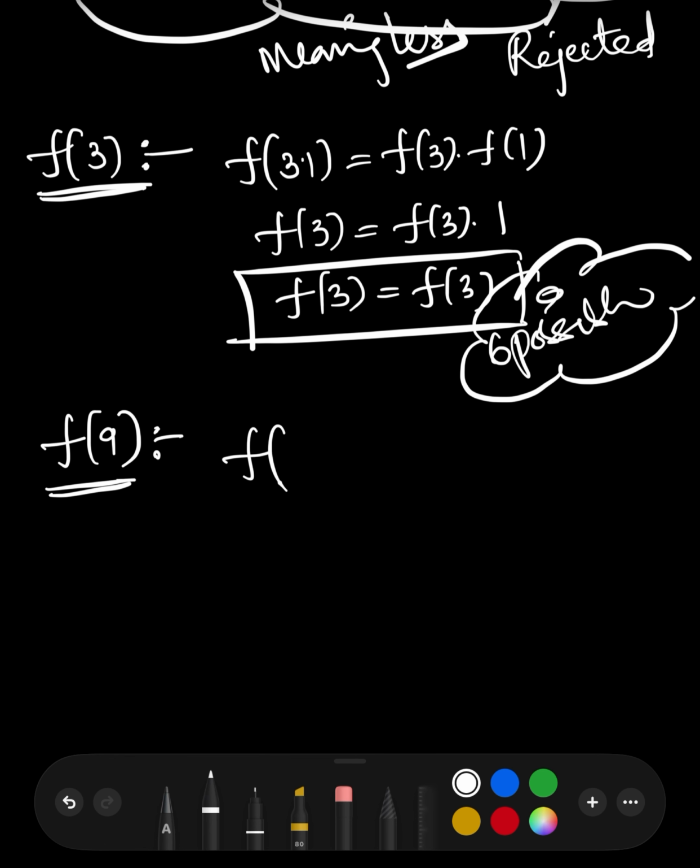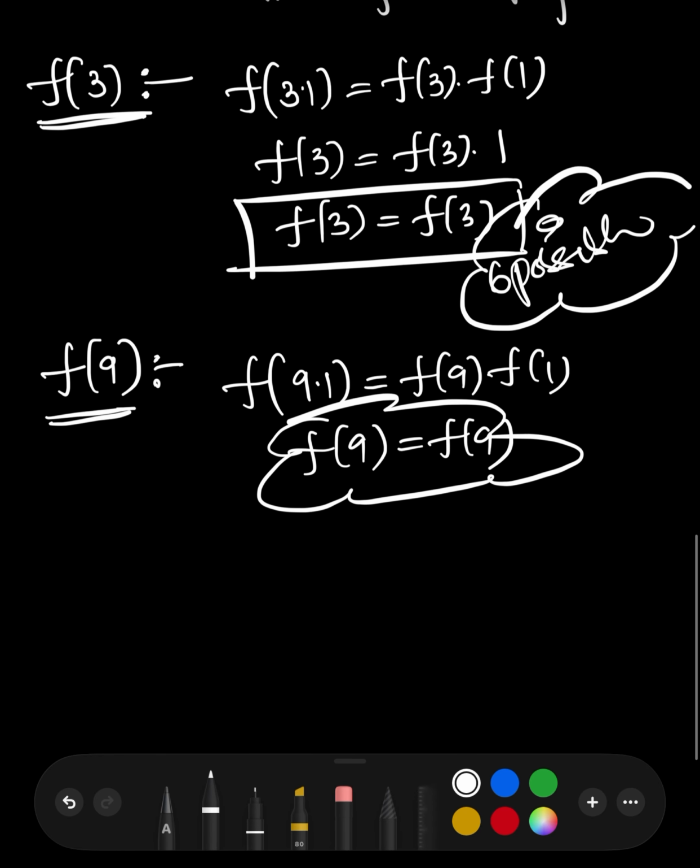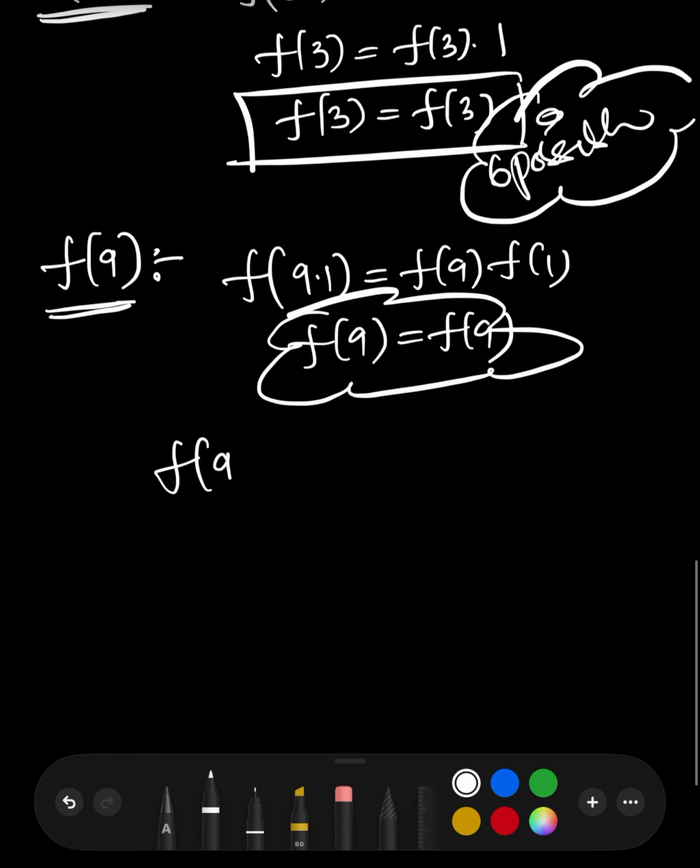Now f of 9: in the case of f of 9 into f of 1, there is no problem. We can say that f of 9 equals f of 9, so that is okay. But f of 9 can also be written in the form of f of 3 into 3, so that it is f of 3 into f of 3.